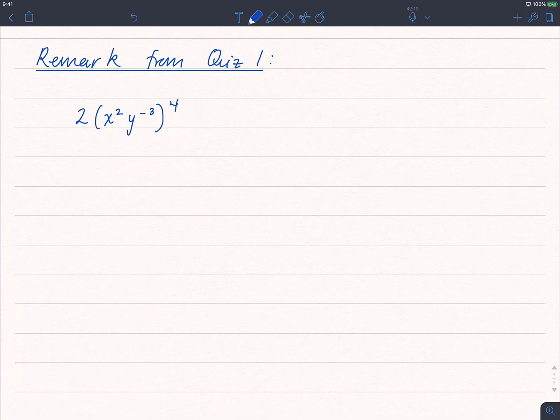And what some of you did, the first mistake was that you distributed the exponent 4 to the number 2 out front. So you wrote something like this. The reason that's wrong is because the exponent 4 here is only on the x squared times y to the negative 3. It's not on the 2. So there's no reason for the 2 to get the exponent.